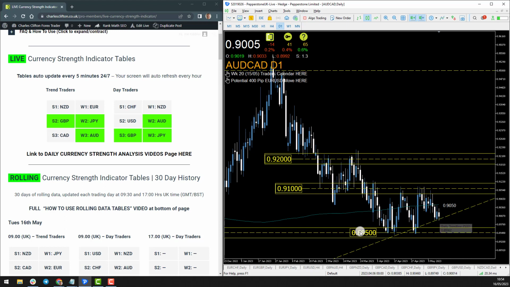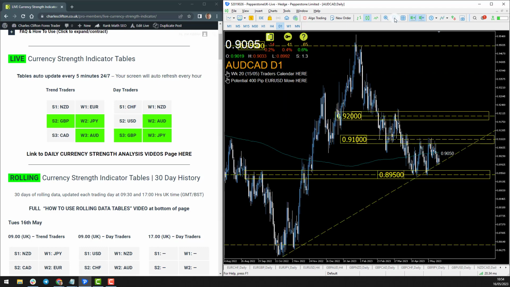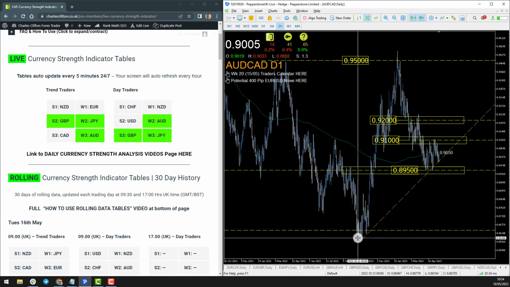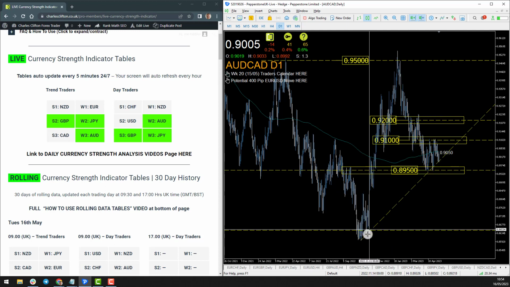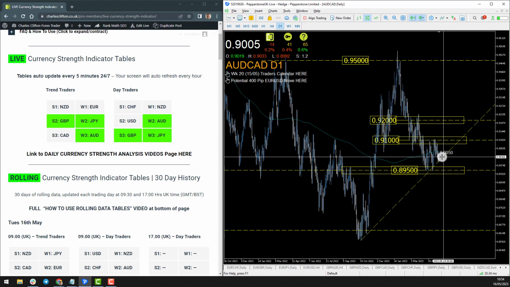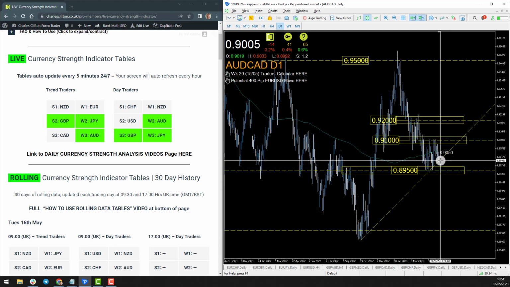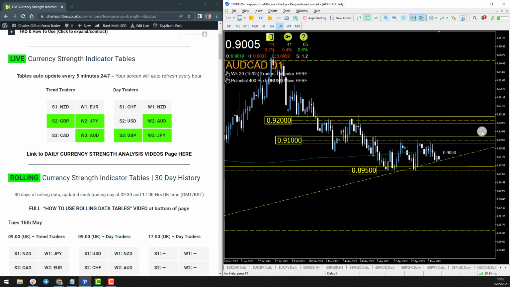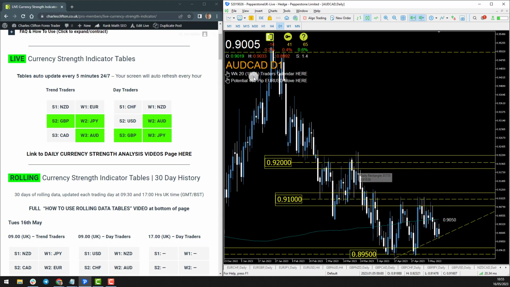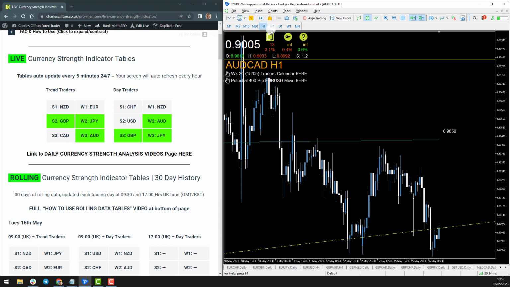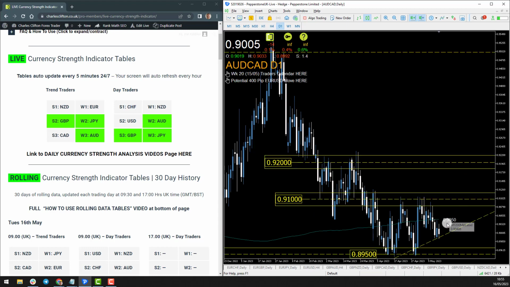I'd be looking for targets at 0.8950 on some downside here, but this trend line support comes all the way down from these lows back in October of 2022, and you can see that it's acted as support on numerous occasions. So it's definitely a support that we should take seriously in this market at the moment. I would say we're probably better off staying away from Aussie CAD at this moment in time.